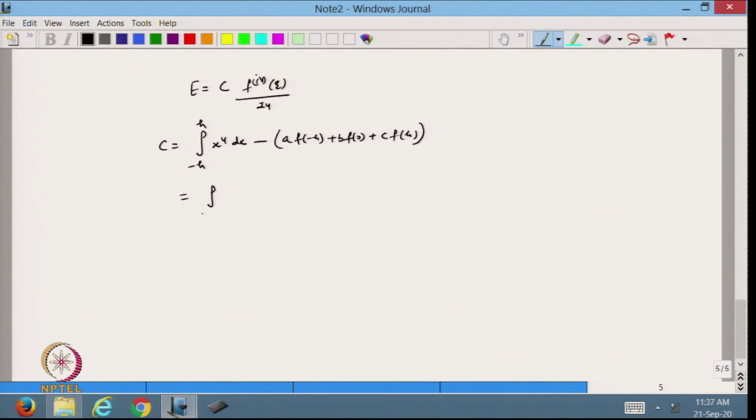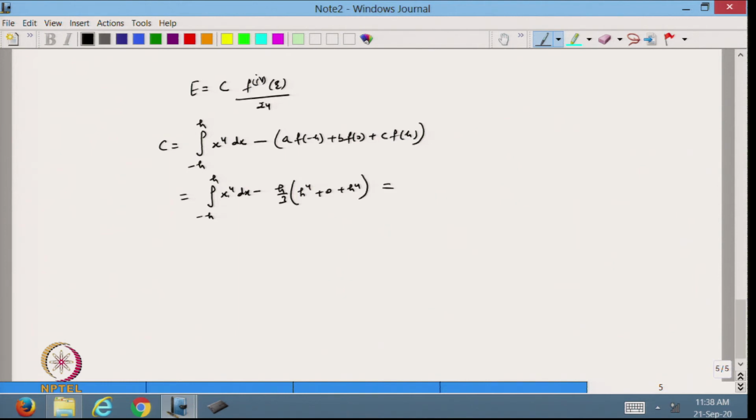So, from here I can write that this is equal to the integral from minus h to h of x4 dx minus h by 3 times f of minus h, which will be h raised to power 4, f of 0 will be 0, f of h will be h raised to power 4.